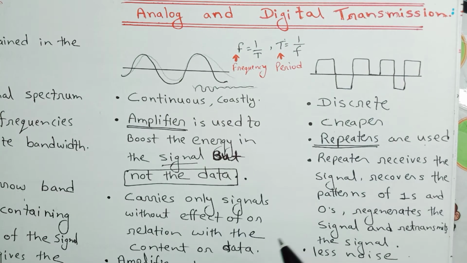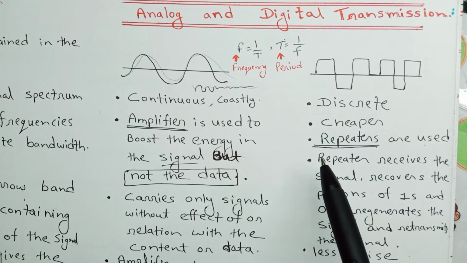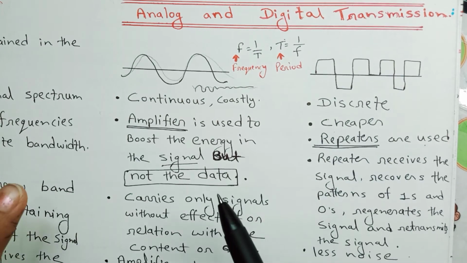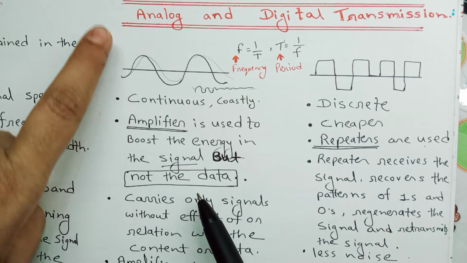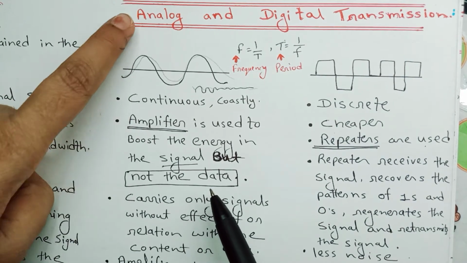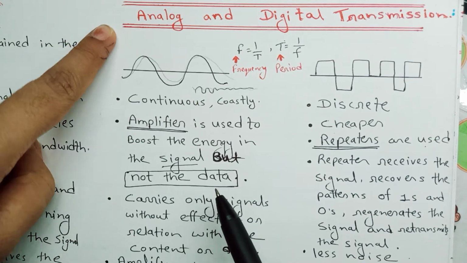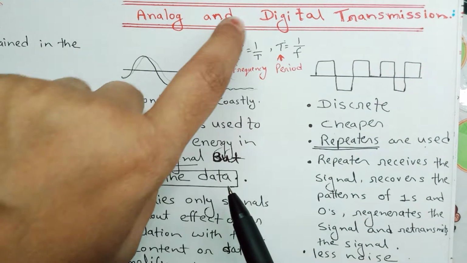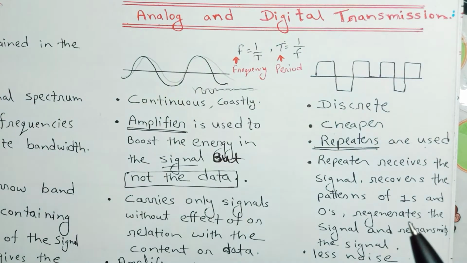Repeaters are used. Here we will use the repeater, not the amplifier. Amplifier and analog, A and A, you can relate this. In analog, amplifier is used. In digital, repeaters are used.